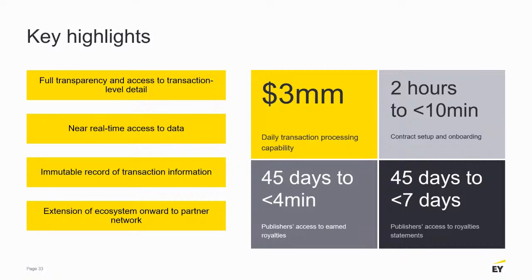That's mind-boggling in today's digital world. And so we're able to give them near real-time visibility. And lastly, 45 days to less than 7 days, we're able to allow an increased efficiency in finalizing and closing these royalty statements and actually making payments.